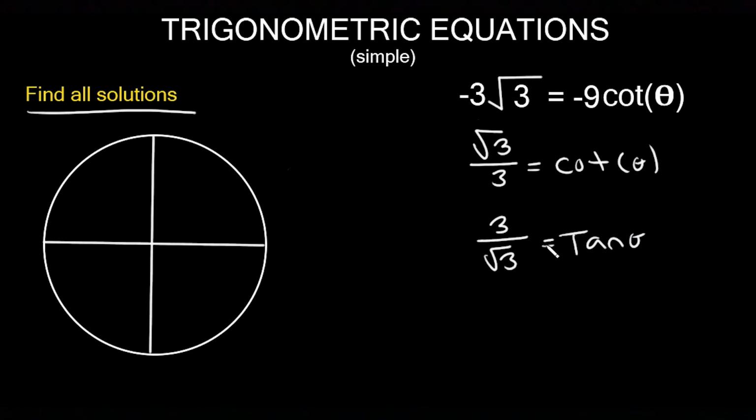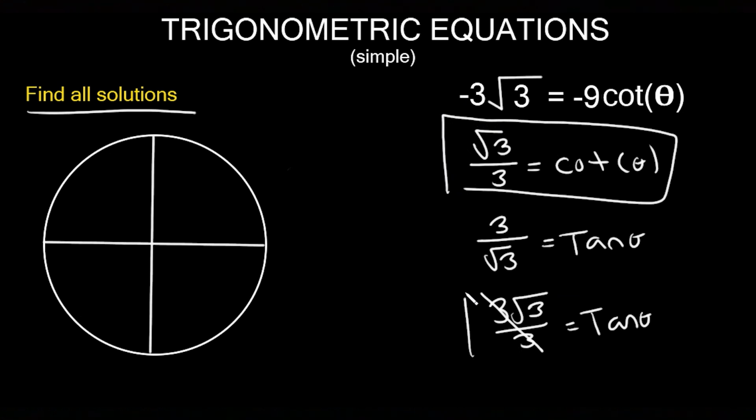And so from here, you're going to want to rationalize the denominator, meaning you're going to multiply both the bottom and the top here by the square root of 3. When you do that, you get 3 square root of 3 all over 3 equal to tangent theta, and the 3's will cancel out. So we know that tangent theta is going to be equal to the square root of 3. Now we did this because this right here, okay, and this right here, they're both going to share the same position, all right?